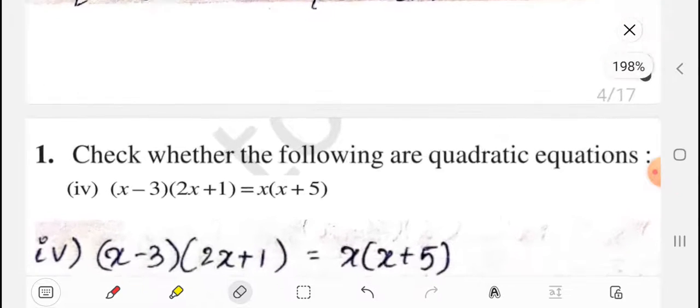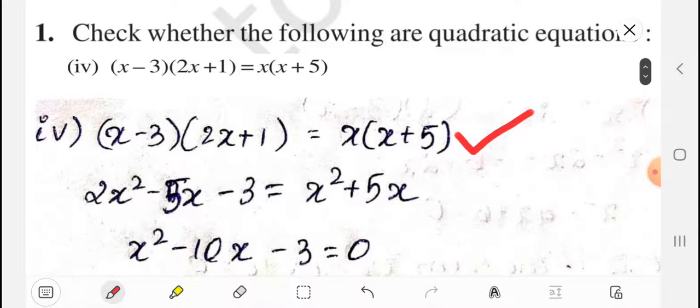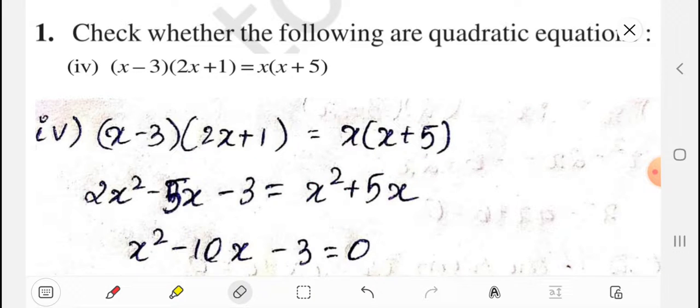As I have told in the earlier questions also, write down what is given in the question. Simplify the LHS, simplify the RHS. We will end up getting these as the simplified forms.